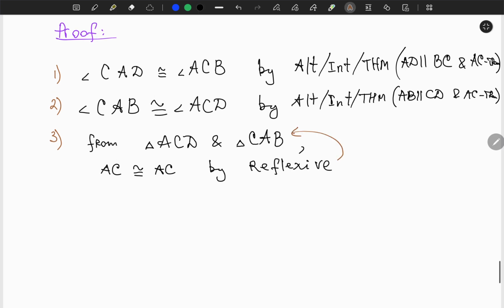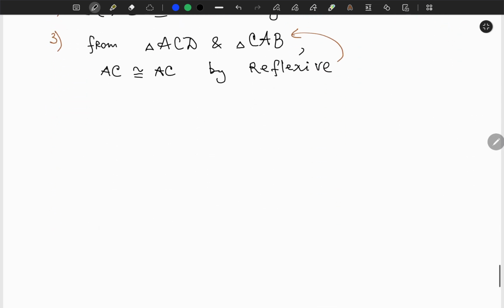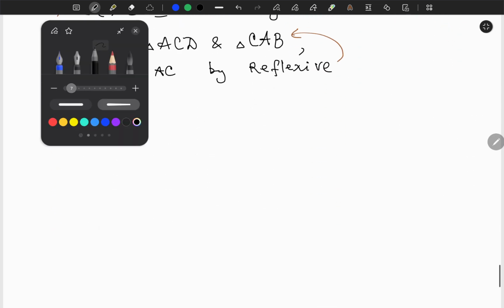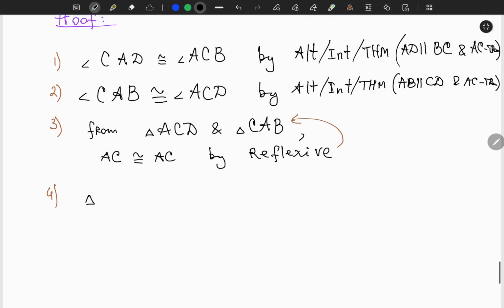So we have all the elements. We have two angles, and the side between these angles. That's it. So number 4, these two triangles, ACD is congruent to triangle CAB by the angle side angle theorem.